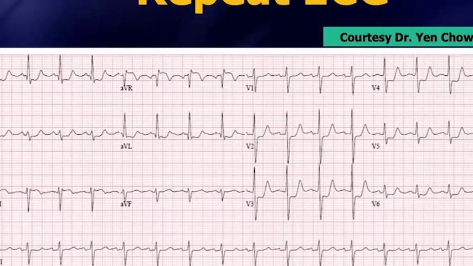But what I really want to focus your attention on, and what Dr. Chow was very concerned about, was the ST elevation in lead AVR, which is greater than the ST elevation in V1. In fact, there is no elevation in V1.